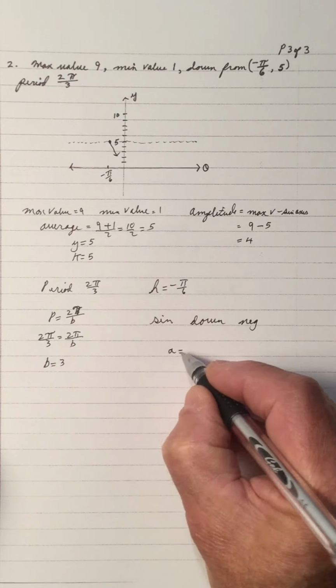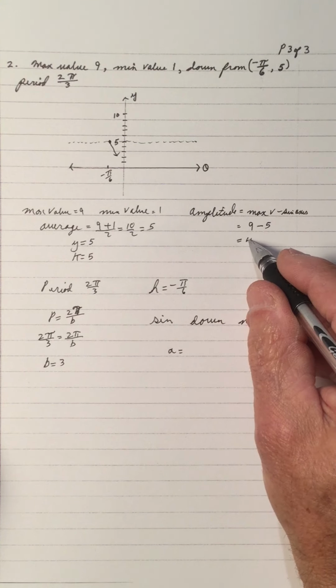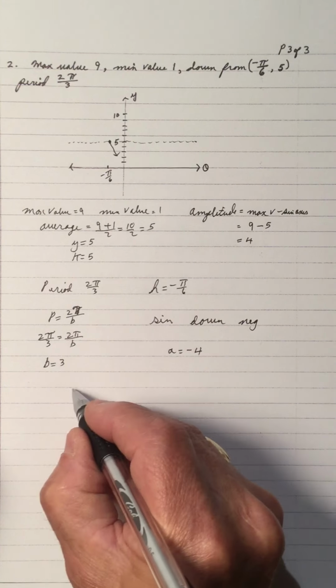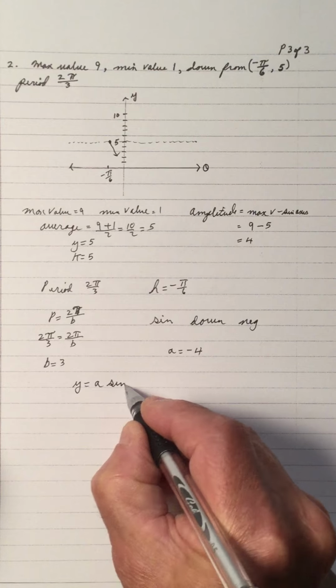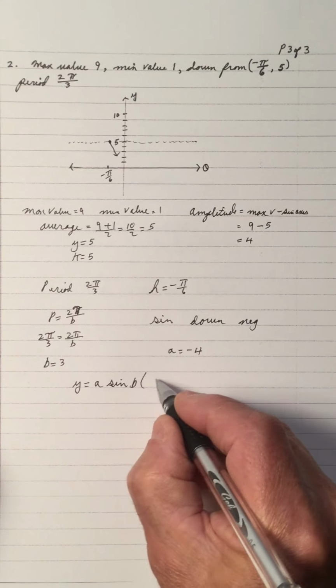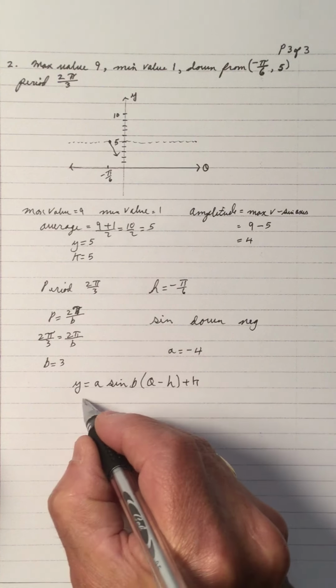So the amplitude is the A, so A is going to be negative 4. So y equals A sine b(theta minus h) plus k.